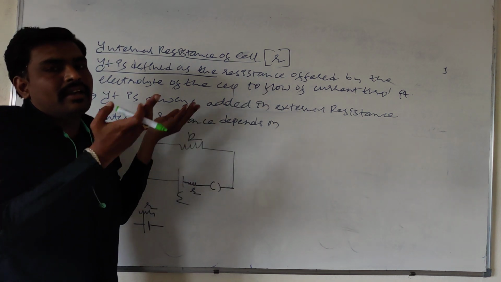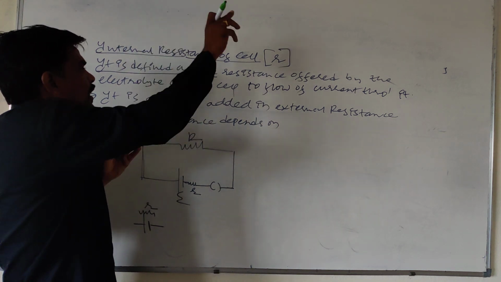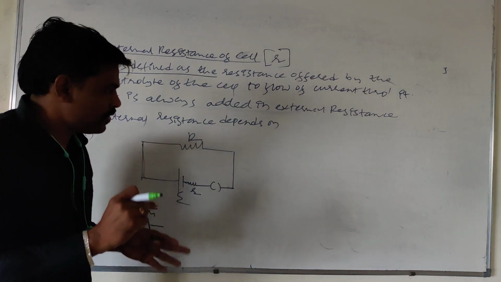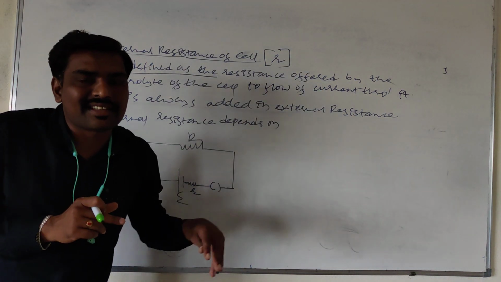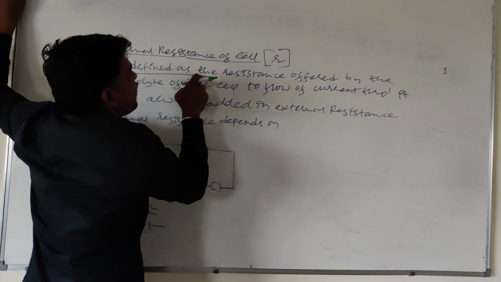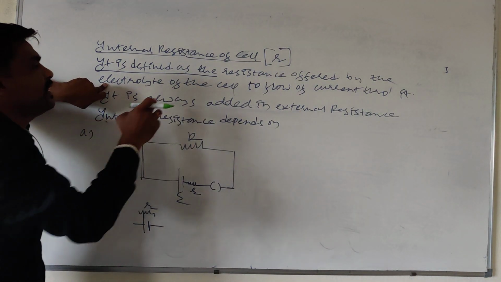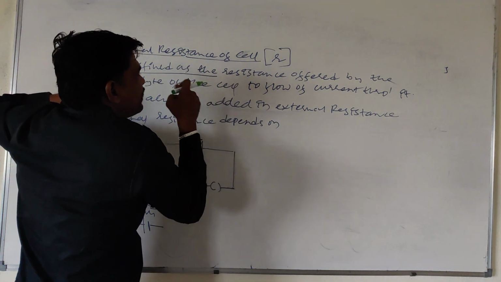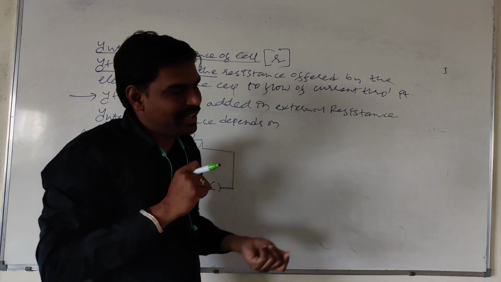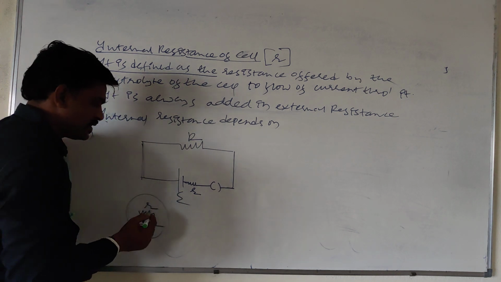Electrolyte means, you know, between the electrodes, one cathode and one anode, whatever resistance is offered, whatever resistance opposes. So that I call the internal resistance of the cell. It is defined as the resistance offered by the electrolyte of the cell to the flow of current through it. Right? So this is indicated like this.